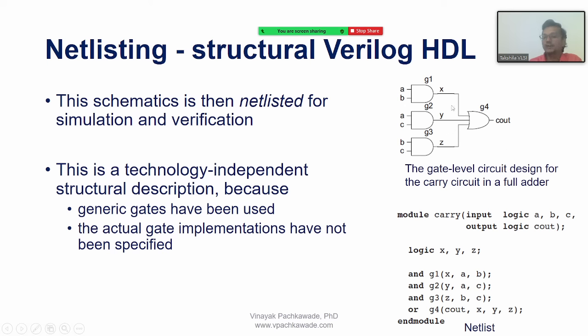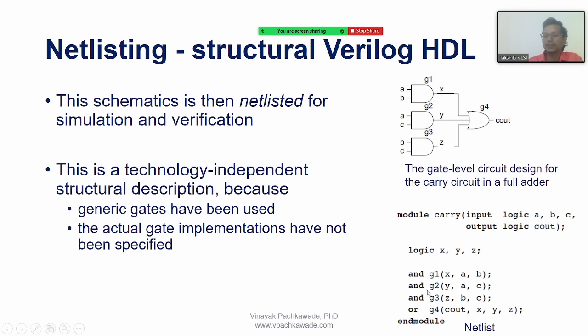Why technology independent? Because we are not telling the tool which specific gates or which specific things they have to do. For instance, we are not asking the tool to optimize the circuit for delay and power. We already know that it will generate the optimized circuit in terms of delay and power. So the tool will use the generic gates or common ICs that are already installed and which are advanced in that technology node.